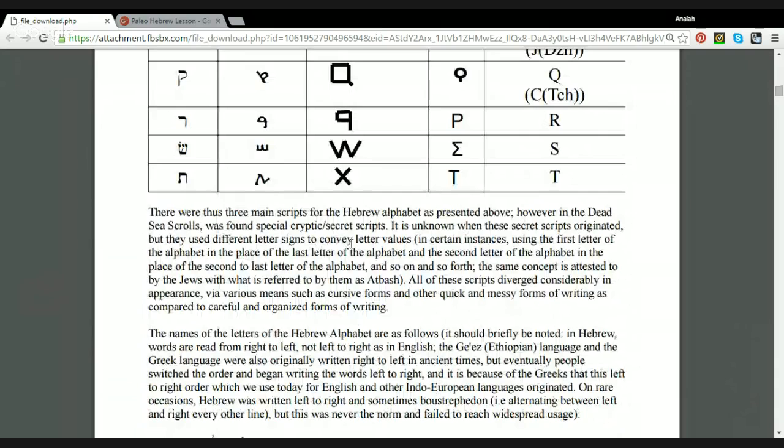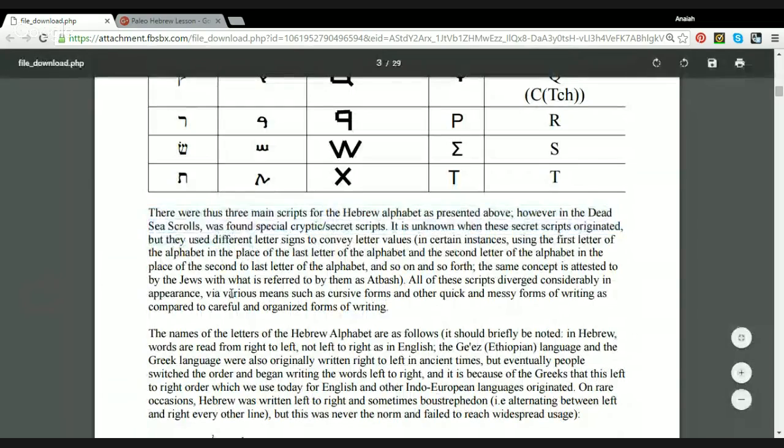But so let's see here. We're gonna read some of this. And at any point, if I say something you're not sure about, just let me know. So I start saying, there were thus three main scripts for the Hebrew alphabet as presented above. However, in the Dead Sea Scrolls were found special cryptic or secret scripts.